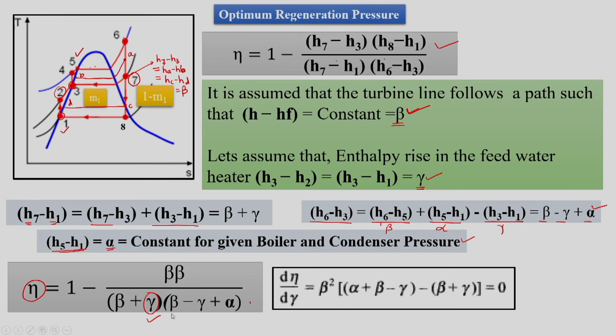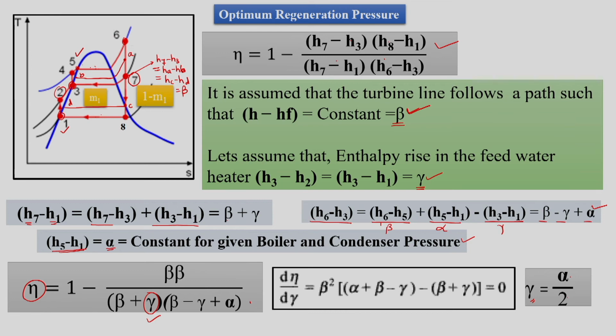So, we differentiate efficiency with respect to gamma. Then we get a formula like this, which we equate to 0, and this leads to gamma equal to alpha by 2. As we know, alpha is the enthalpy difference between the boiler saturation enthalpy of liquid water and the saturation enthalpy of condenser liquid water.